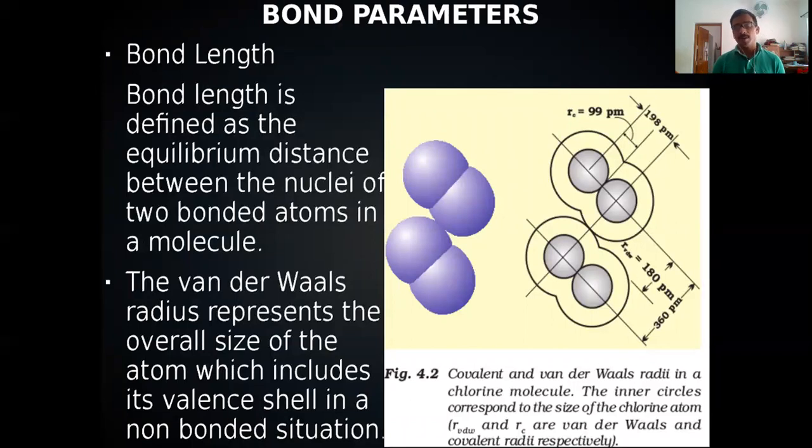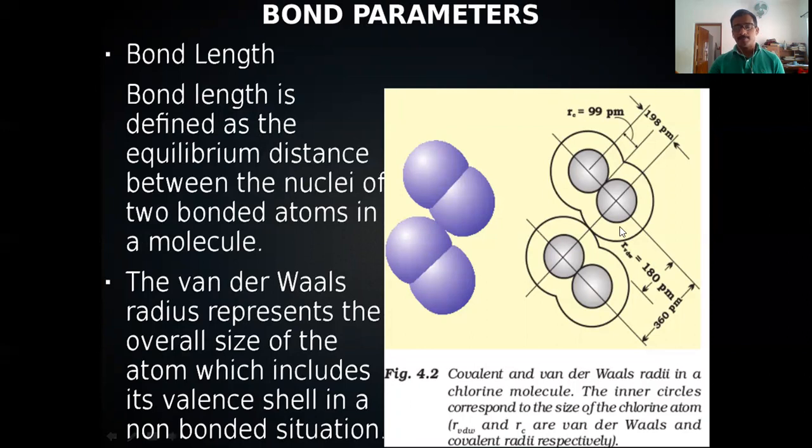First one is bond length. Bond length is defined as the distance between the nuclei of bonded atoms. What is bond length? It is defined as the distance between the nuclei of bonded atoms.